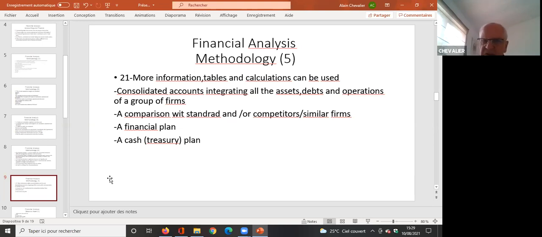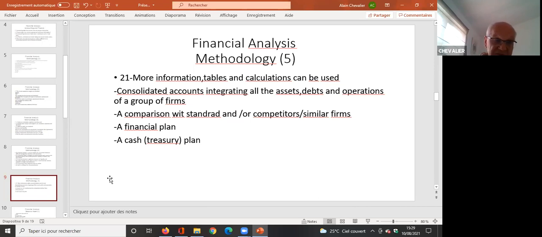But you need also to have an analysis of the group as a whole. That means you need consolidated accounts. Consolidated accounts which integrate all the assets, debts, and operations of a group of firms. You need all that.